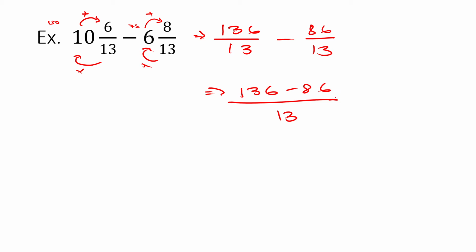Now we can subtract: 136 minus 86 is going to be 50 over 13. Again, this is an improper fraction.